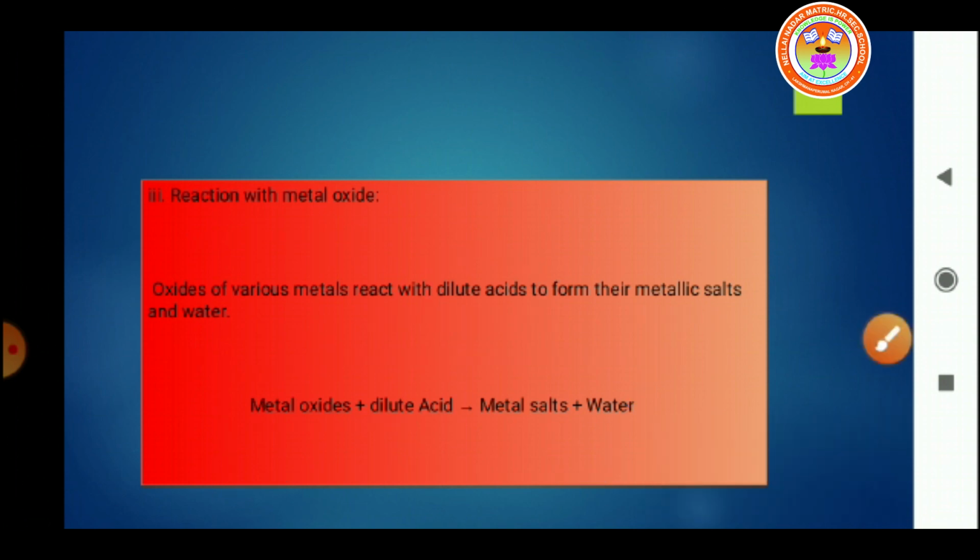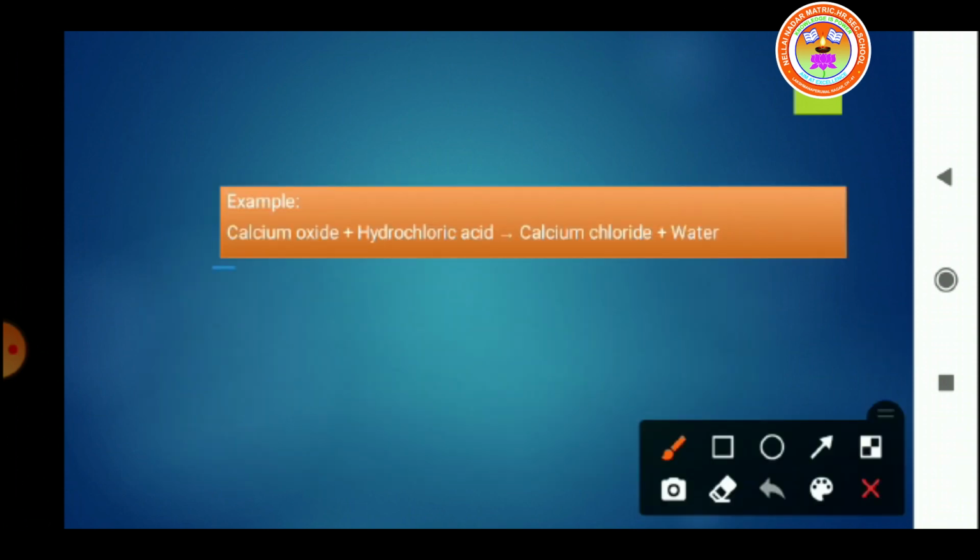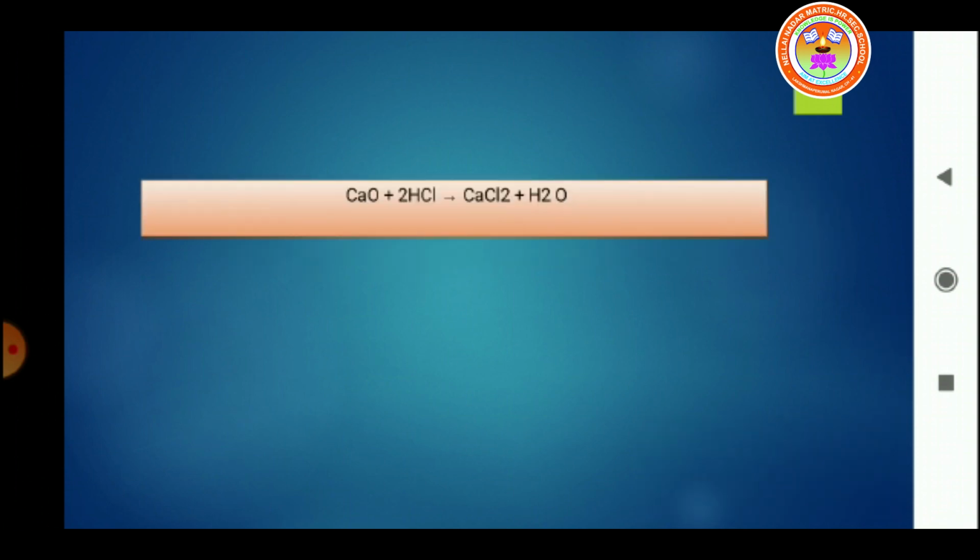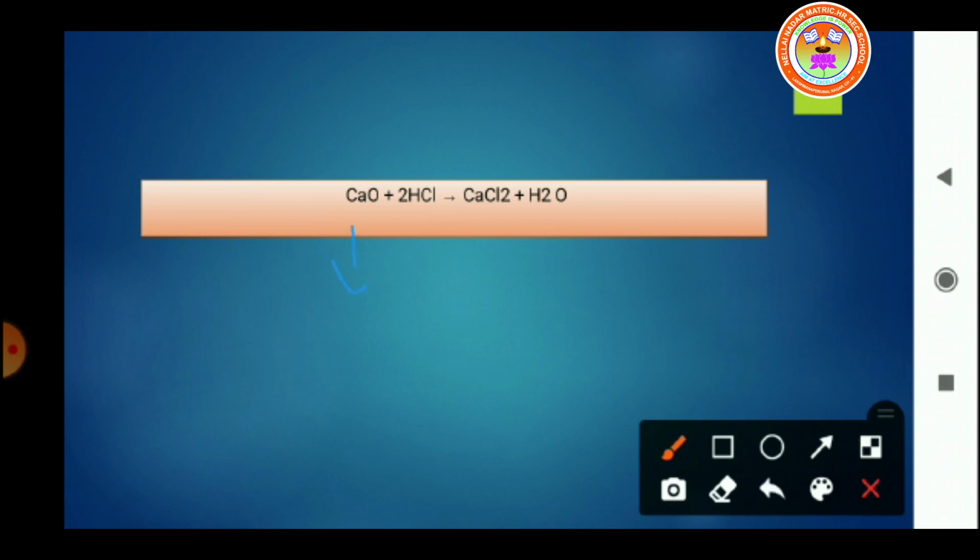See the reaction now. This is calcium oxide reacting with hydrochloric acid to form calcium chloride and water, isn't it? So shall I write the reaction? Calcium oxide. What is the formula? CaO plus acid. The formula is H2SO4, but here it is hydrochloric acid.